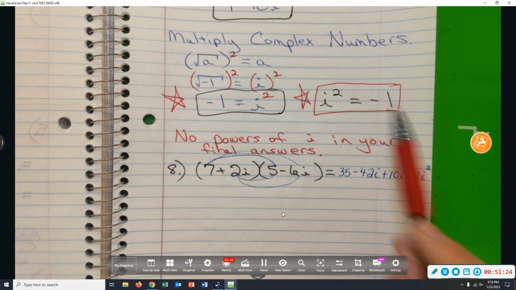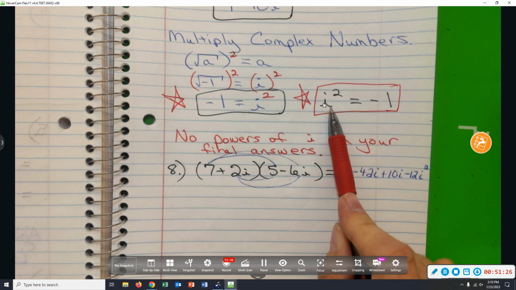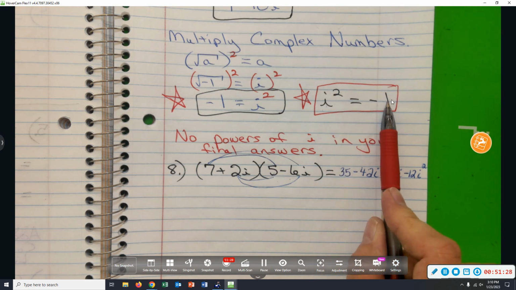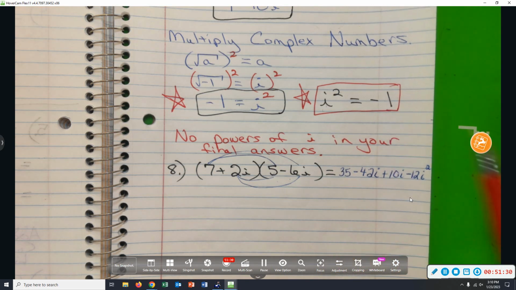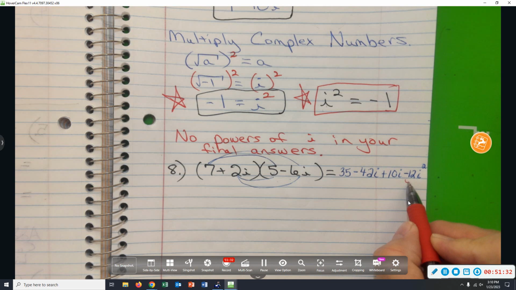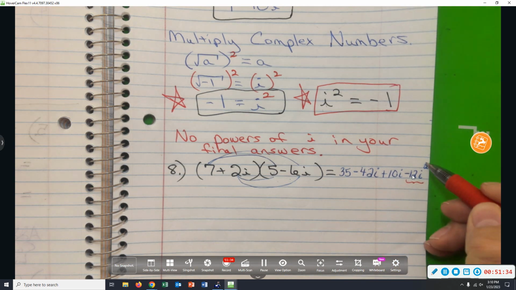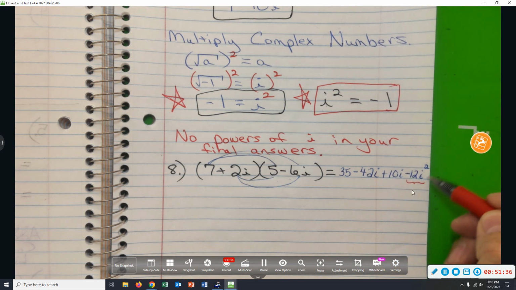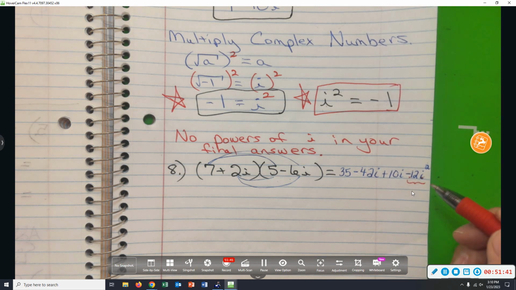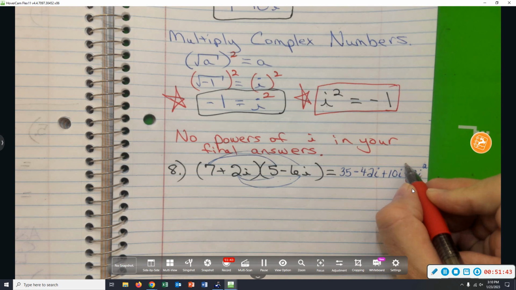Every time you see an i squared, you have to replace that with a negative 1. What's that going to do to this negative 12i squared? If I put a negative 1 right here, negative 12 times negative 1 is positive 12.